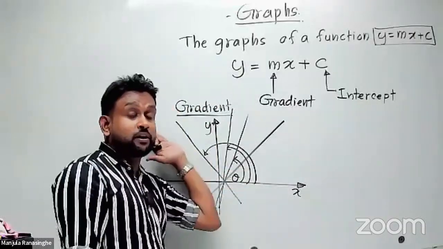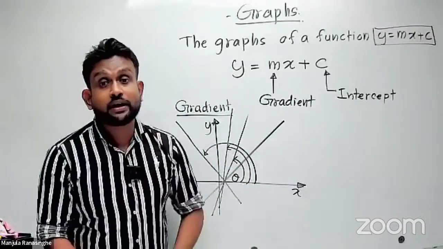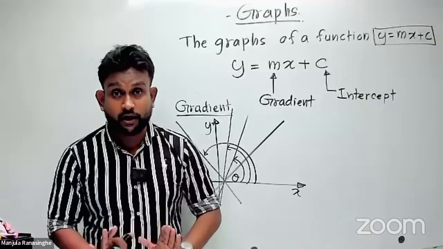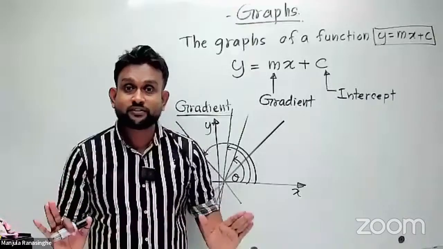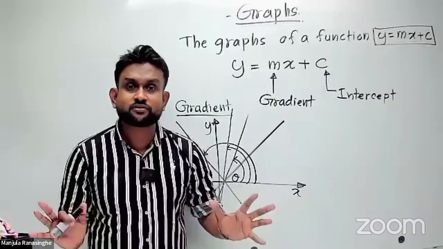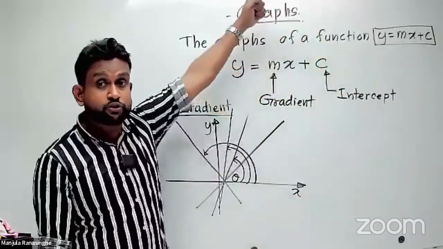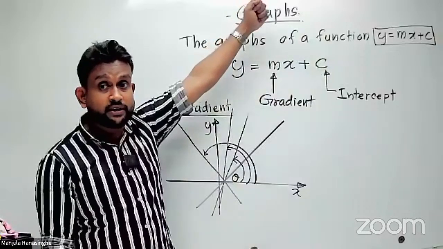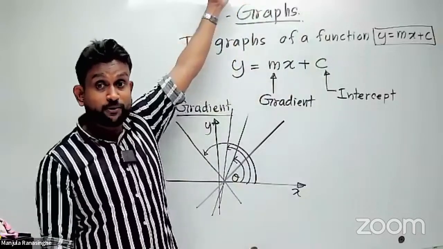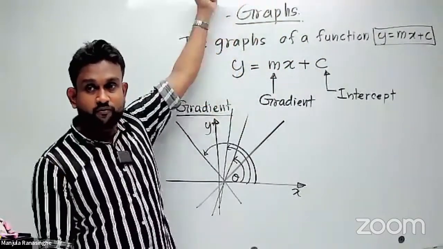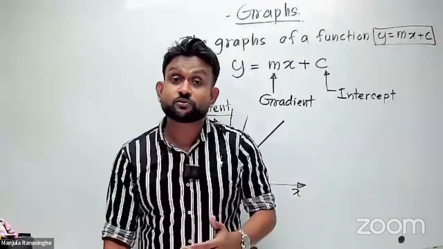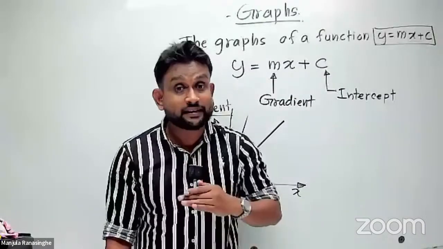But when it comes to the obtuse angle, the gradient becomes negative. That's the basic idea. We will define exactly what the gradient is later, but at the moment understand that when you see a graph in this direction, that is the positive gradient. If the gradient is more, it is positive 1, positive 2, positive 3, positive 4. The inclination means the angle with the x-axis.